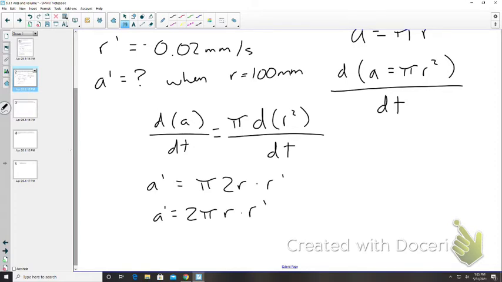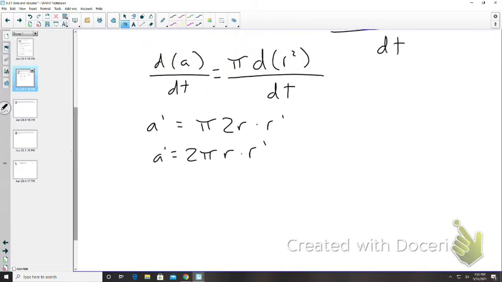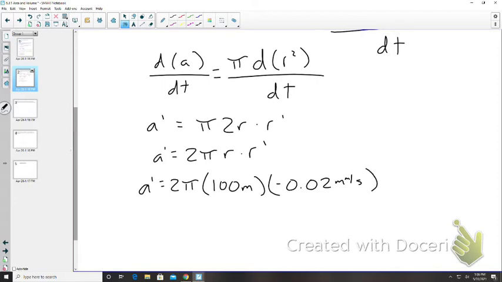Okay, we know our r prime is decreasing at negative 0.02 millimeters per second, and we know our radius is 100 millimeters. So let's substitute and solve. A prime is equal to 2 pi, when our radius is 100 millimeters, multiplied by the rate at which our radius is changing, negative 0.02 millimeters per second.